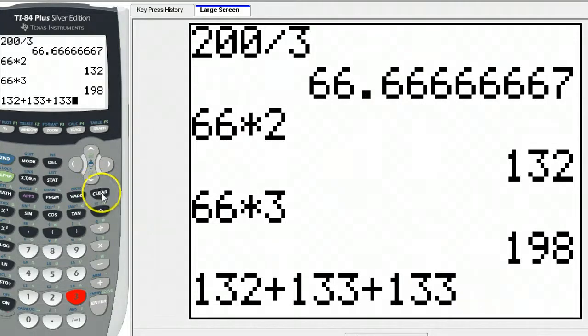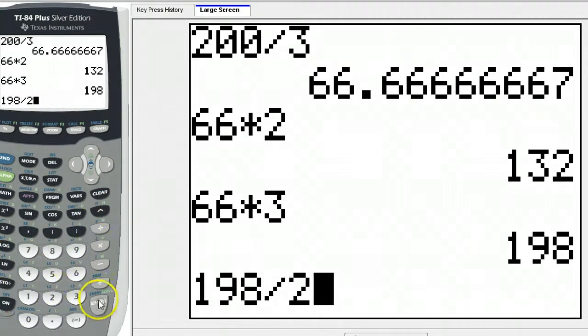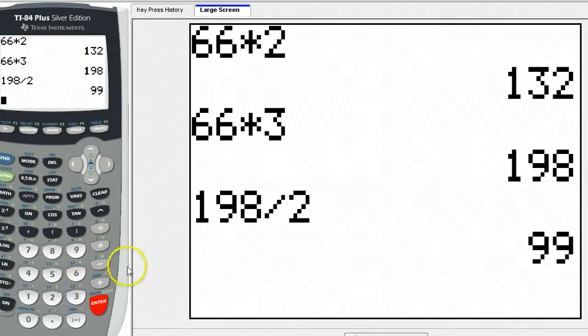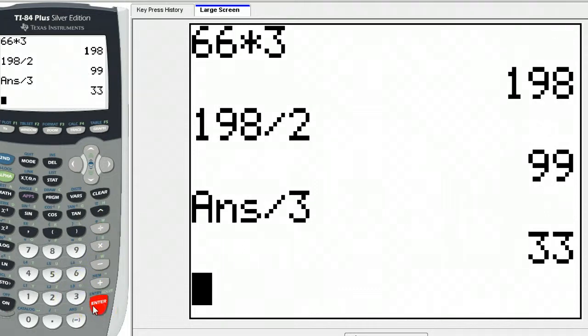Half of 198 is obviously 99, and if I take 99 and divide that into 3 groups, that's 33 each.